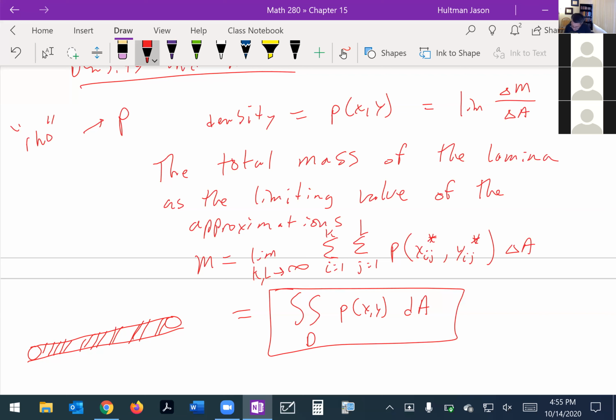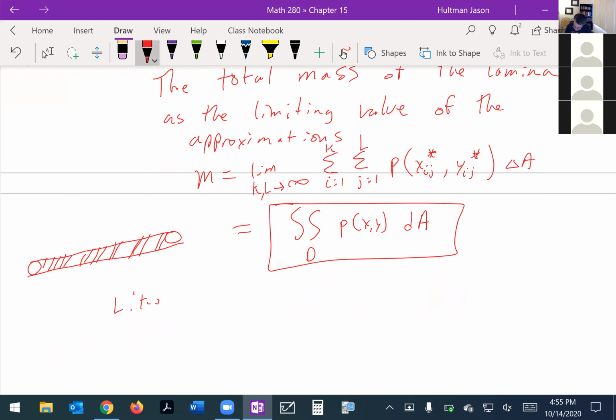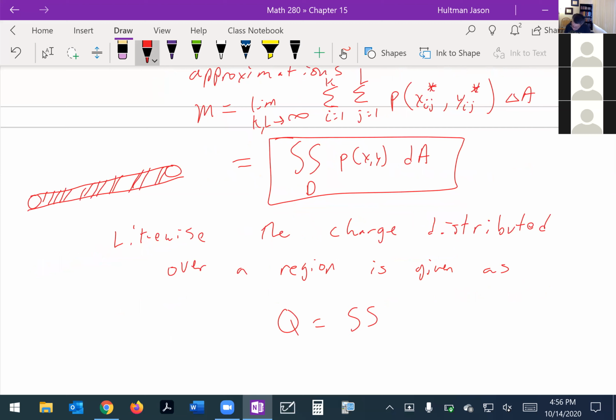Likewise, the charge distributed, the electronic charge distributed over a region is given as Q equals... oh, this was M, by the way.